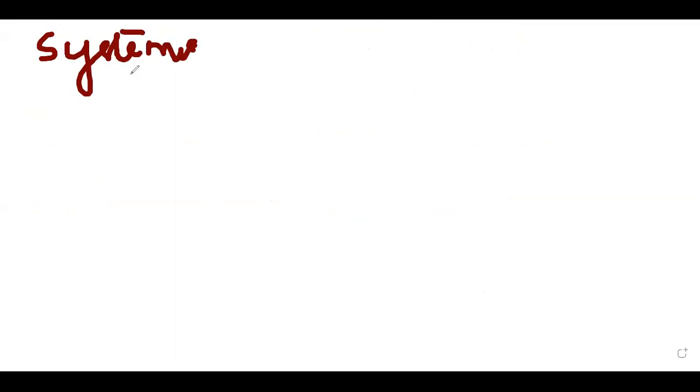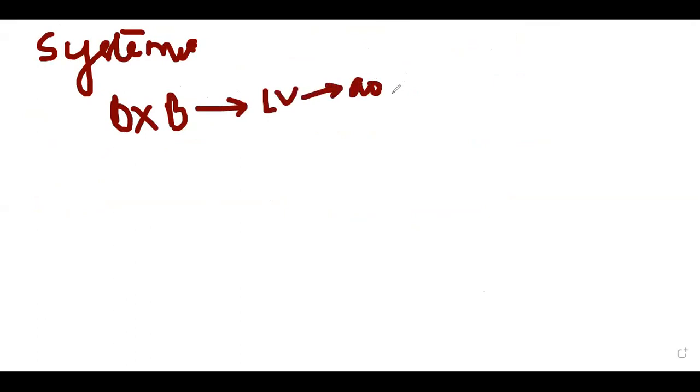Systemic circulation. In case of systemic circulation, first the oxygenated blood enters the left ventricle. From the left ventricle, it enters the aorta.